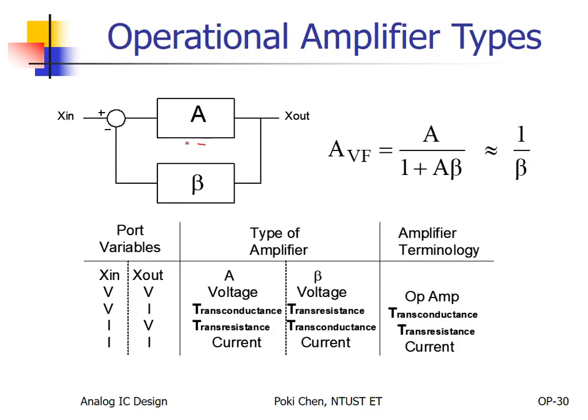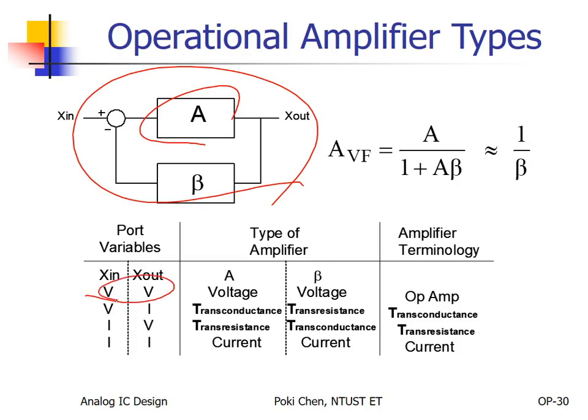If we would like to apply our op-amp in such kind of negative feedback loop, what kind of possibilities? From the very beginning, you learned from microelectronics, not only microelectronics, but also from your fundamental physics, right? Usually, we learned voltage first, and then we apply voltage to a resistor, then we get current.